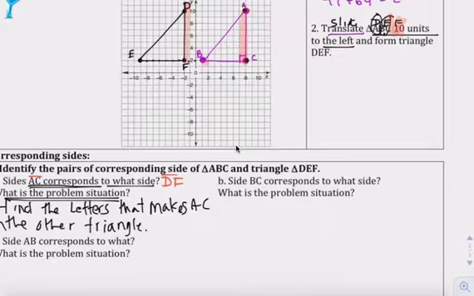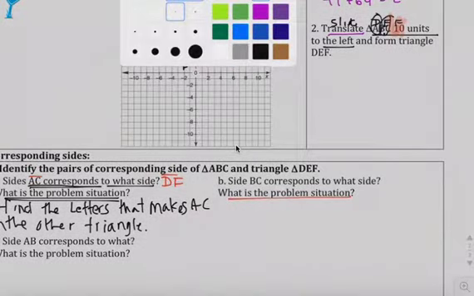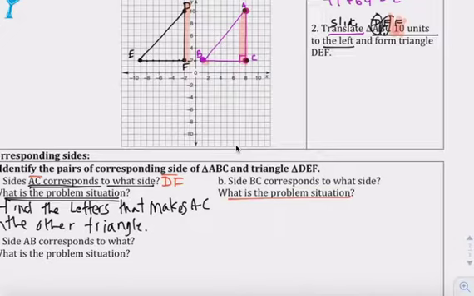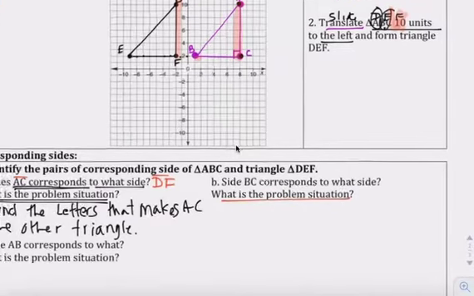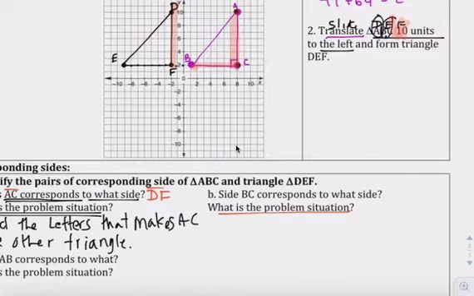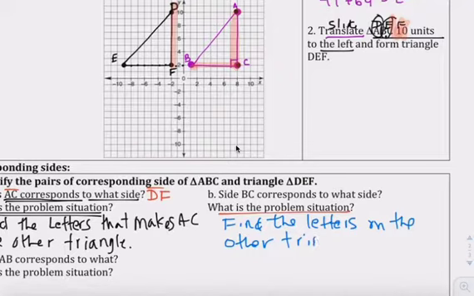What is the problem situation? It's asking side BC corresponds to what side? Find the letter or letters on the other triangle that is the same or congruent.